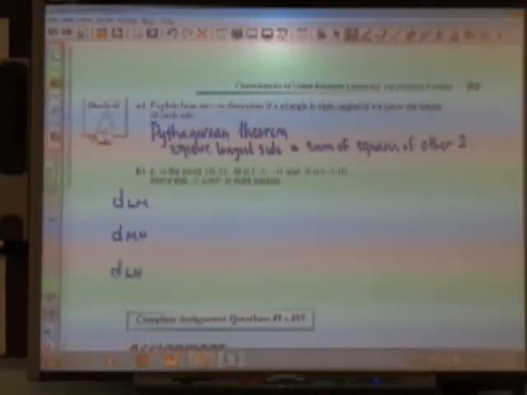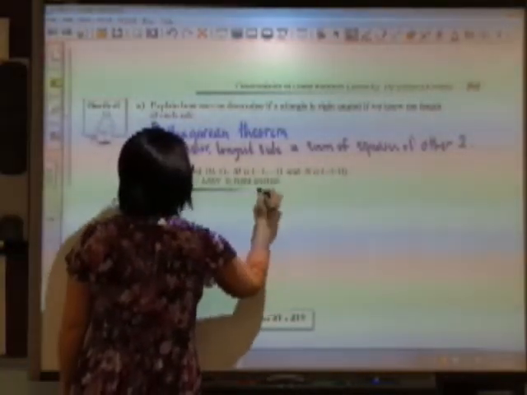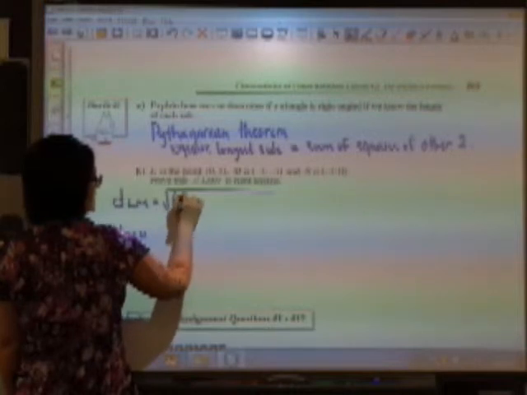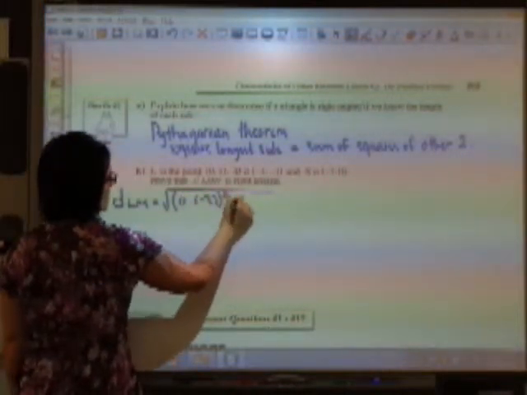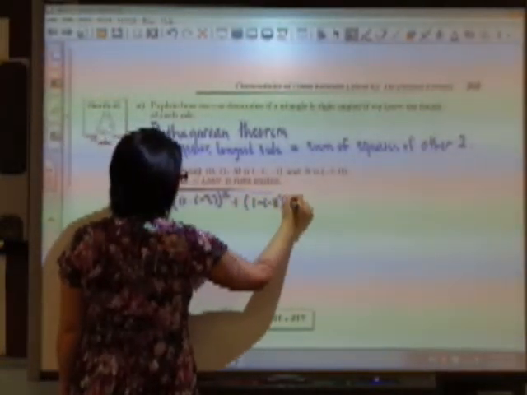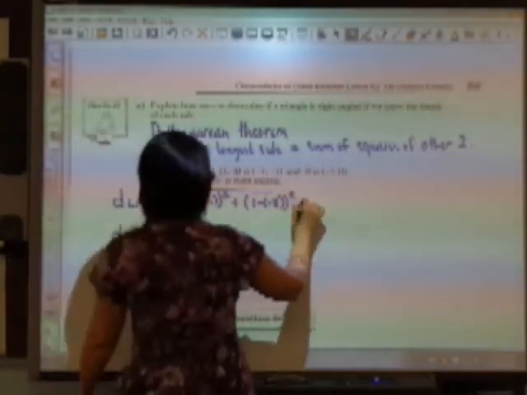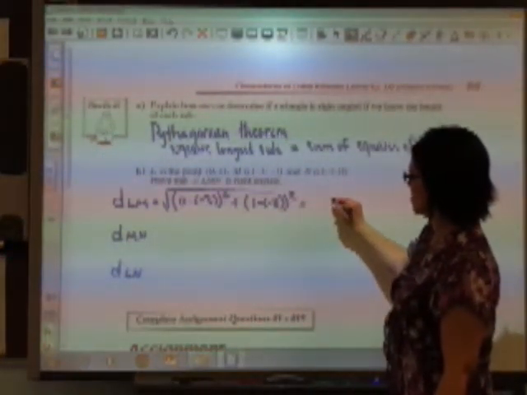Okay, so let's look at the lengths of these lines. So from L to M, let's see, 0 minus -3 squared plus 1 minus -3 squared gives me 3 squared plus 2 squared.